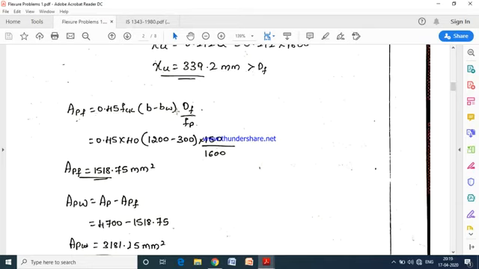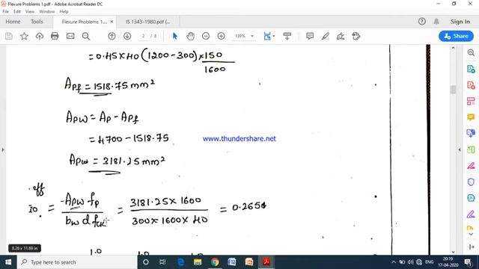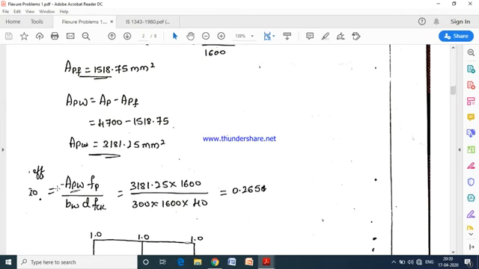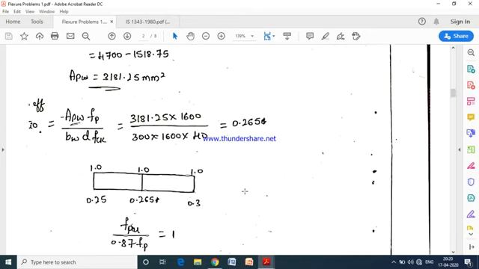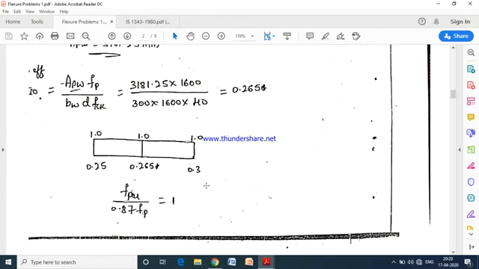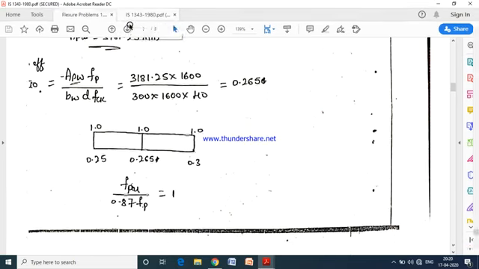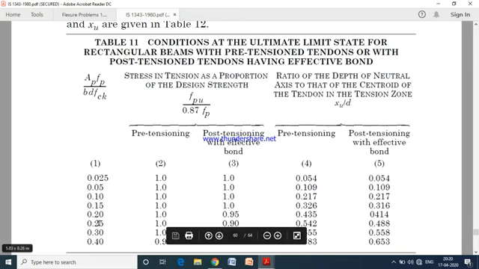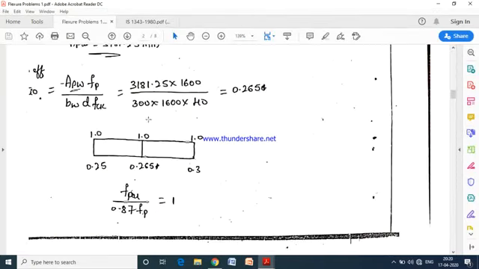0.45 FCK into B minus BW into DF by FP. By substituting values we will get this. APW is AP minus APF, so we will get this value. Again new effective reinforcement ratio, simplifying we will get this. Again refer the same table, 0.25 and 0.24, both we have 1. So here our value is 0.26.